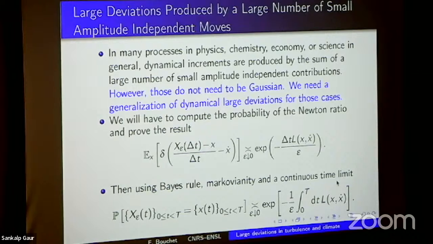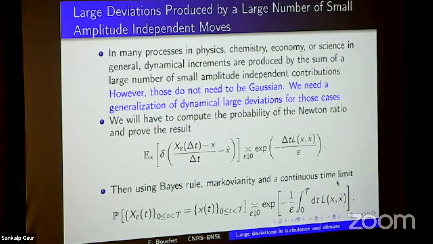But here, rather than computing just the limit, we want to compute the limit of a distribution. So that's why I write delta of this Newton ratio minus something that I want to have as an objective. I denote it x dot because it's just a time derivative. And if I can compute this distribution, a function of x dot conditioned on the initial condition, which is x, so that the average of this is logarithmic equivalent to exponential of minus delta t multiplied by L of x dot divided by epsilon.